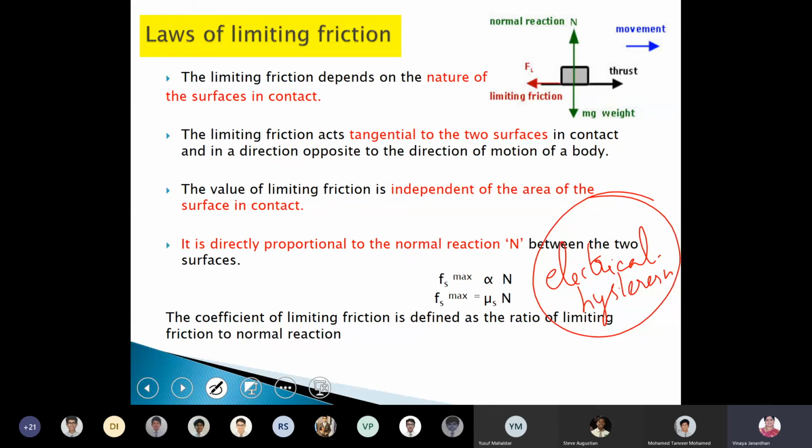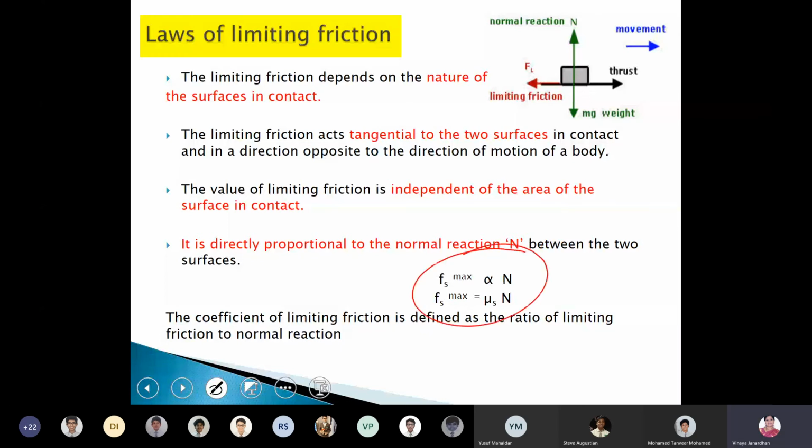We also have magnetic hysteresis in magnetism, where all your transformers are made of iron cores, and there we decide which material to select for fabricating your magnets. Here, when you fabricate your car tires, you have to select a material which has less electrical hysteresis. So these are all the factors which are very important.